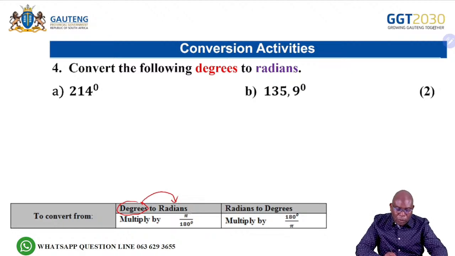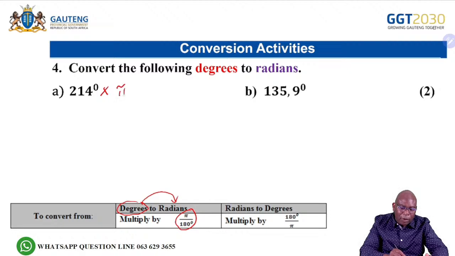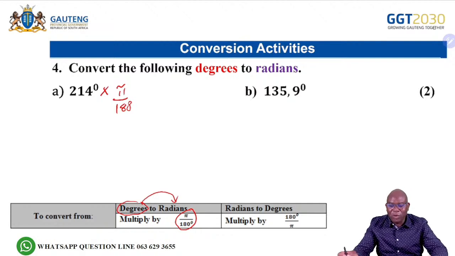So what should we do? We multiply by pi over 180 degrees. So you'll see that it's going to be multiplied by pi over 180 degrees. You see the degrees and the degrees are dividing, then you multiply that by pi. So if I work that one out, 214 degrees multiplied by pi over 180 degrees.